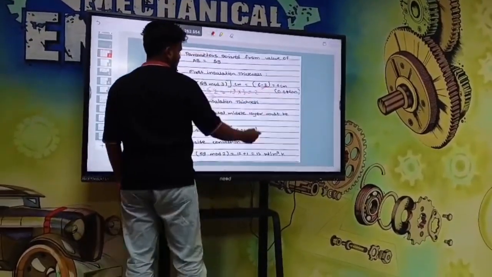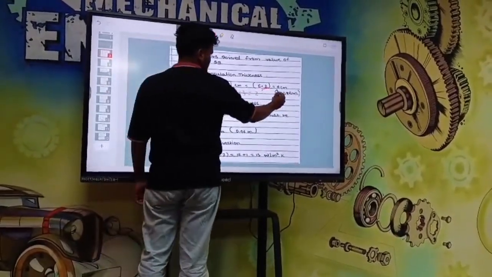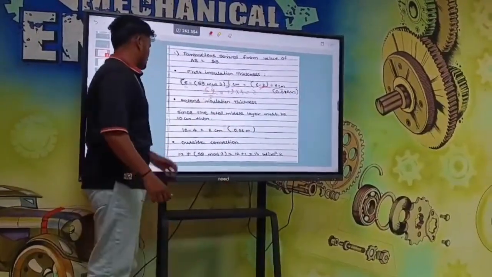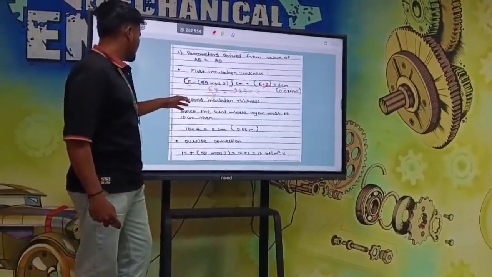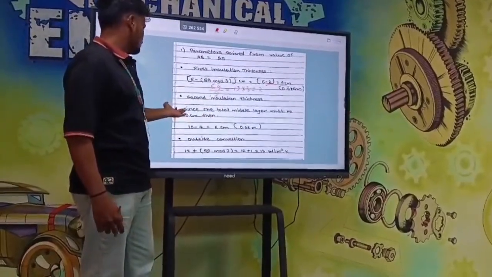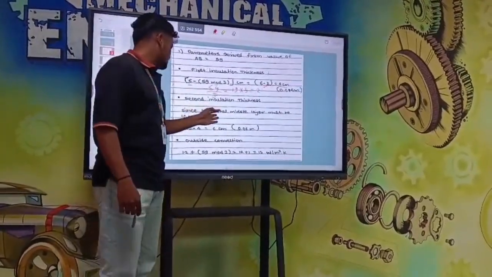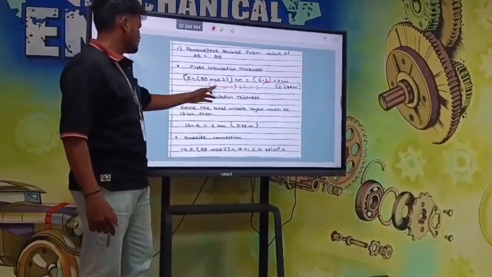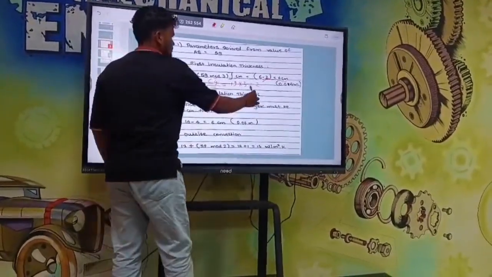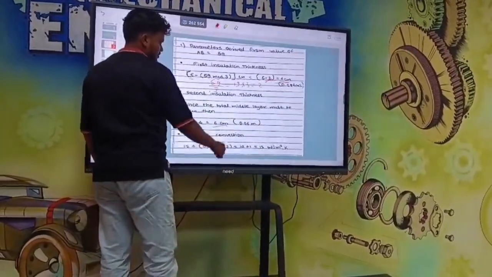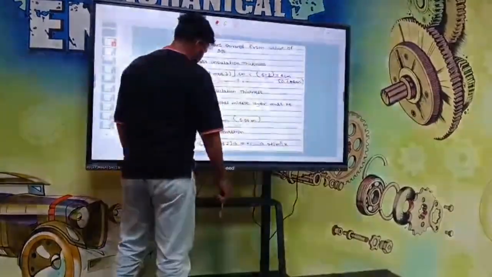So I have taken 2 here. 6 minus 2 is equal to 4 centimeter, that is 0.04 meter. To derive the second insulation thickness, since the total middle layer thickness must be 10 centimeter, 10 minus 4 gives 6 centimeter. We have converted this into meter.